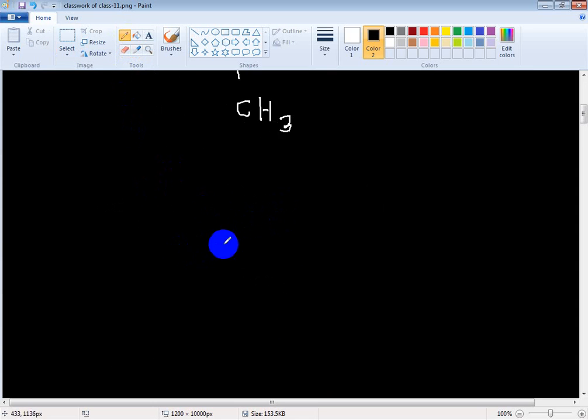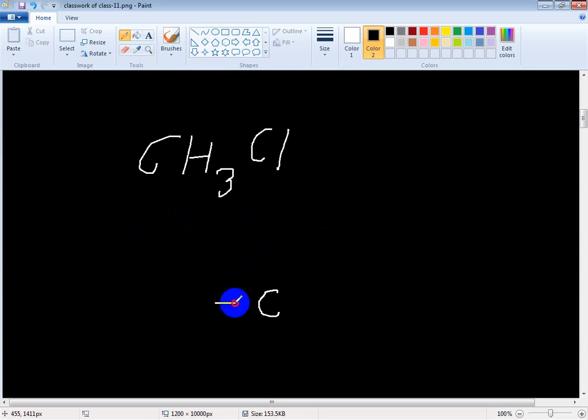But just like a methyl halide, like I gave chlorine, this carbon has no alkyl group, so this is a methyl halide.